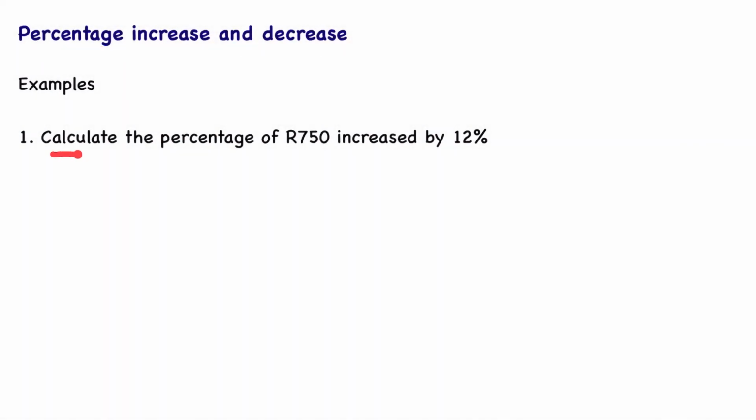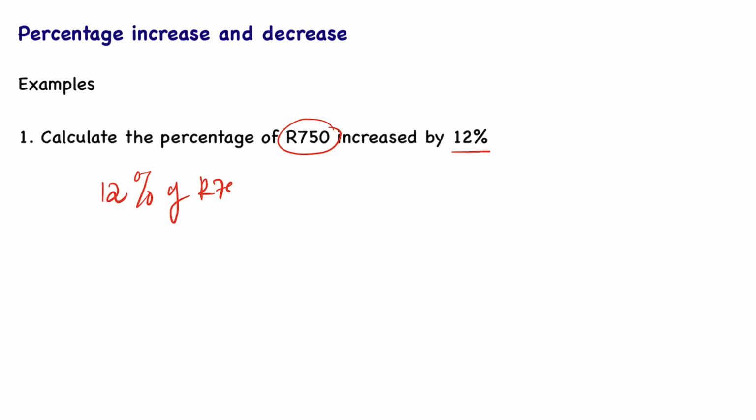Now the percentage increase and the percentage decrease. For example, it says calculate 750 rands increased by 12%. This means that the 750 is going to be more by 12%. So this is what we do. First we say 12% of what?